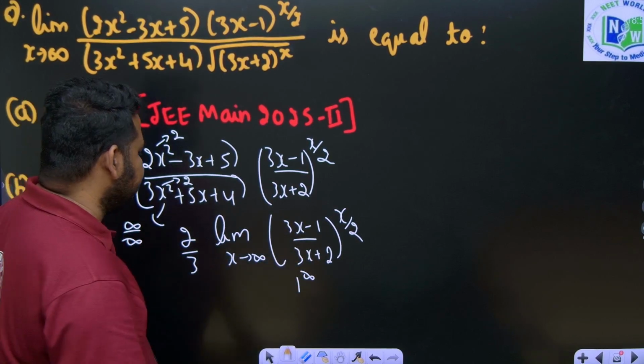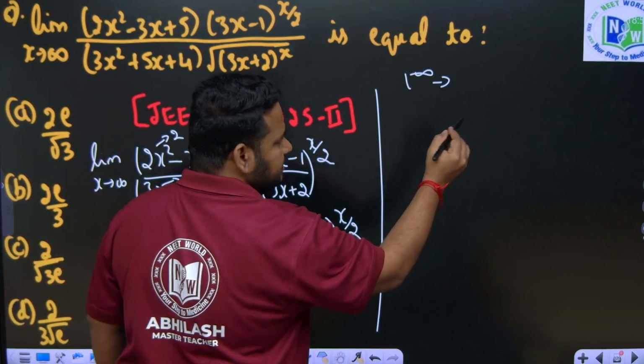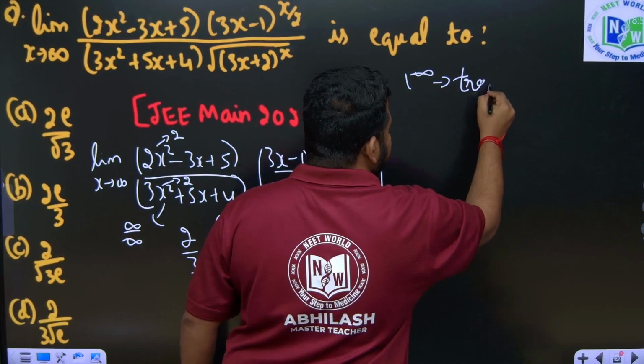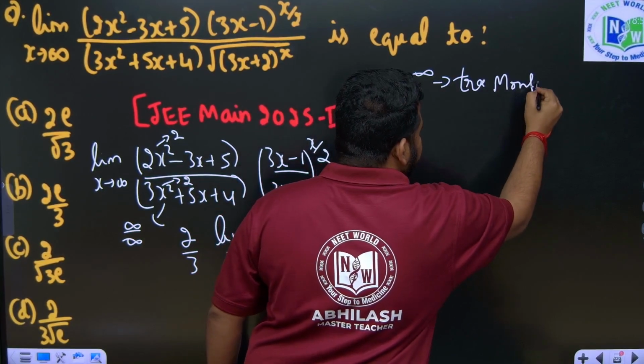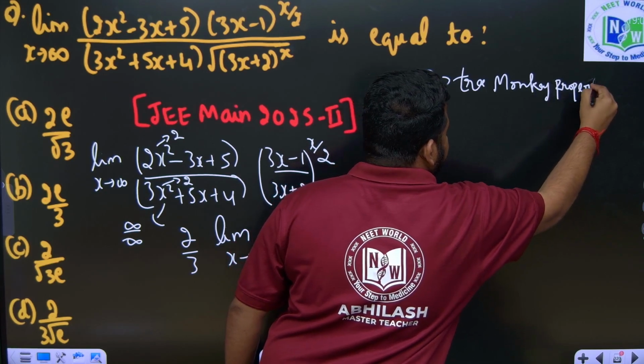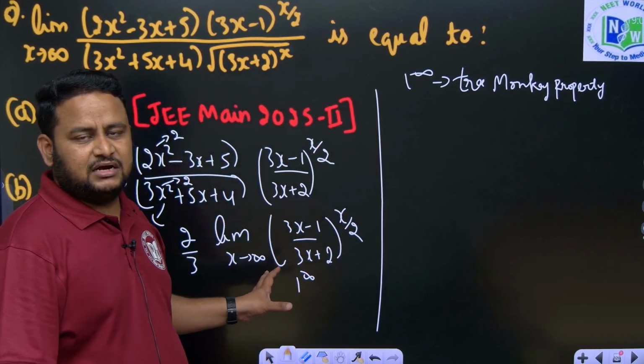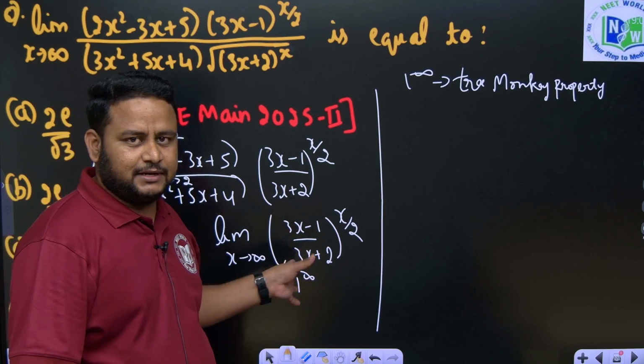So for 1 to the power of infinity, we learned there is a property called the tree monkey property. Tree monkey property means what? In that, we bring the monkey down, and from the tree we remove one branch.